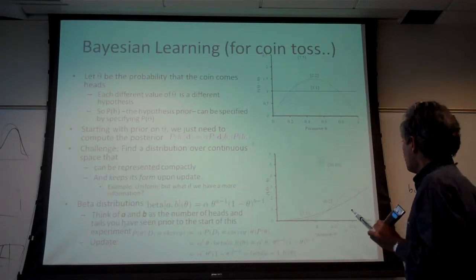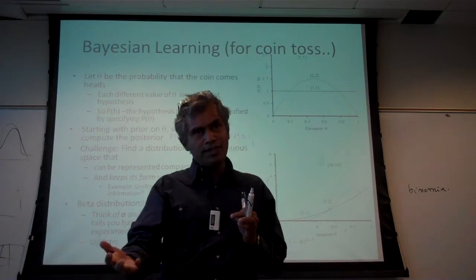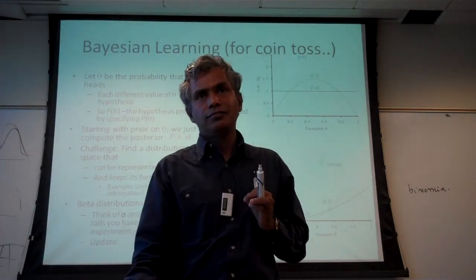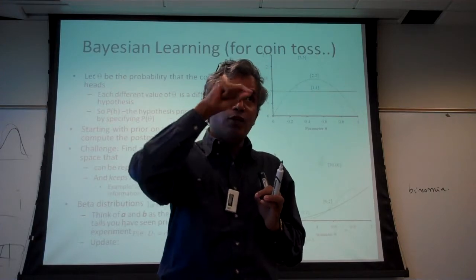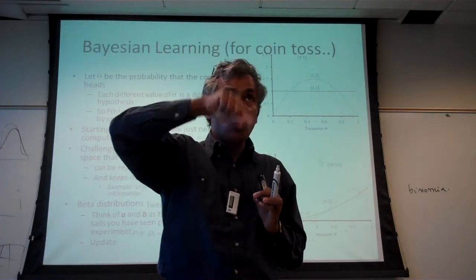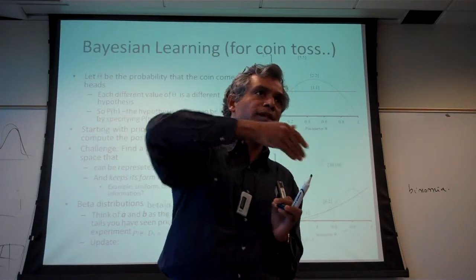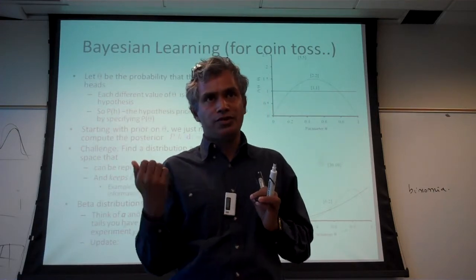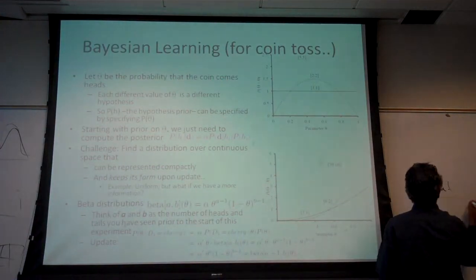For Boolean variables, the distribution is binomial, and so the distribution over the theta for the binomial has to be a beta distribution. So that's one type of distribution we might care about.